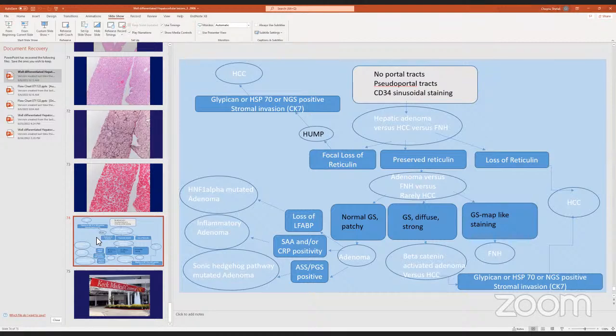Right, and actually, this is relevant. We had a recent case in our institution. The patient is male and, after multiple consultations at different institutions by expert liver pathologists, the diagnosis on biopsy was hepatocellular adenoma. The patient is young, I think in his 40s, and they did a radio ablation.